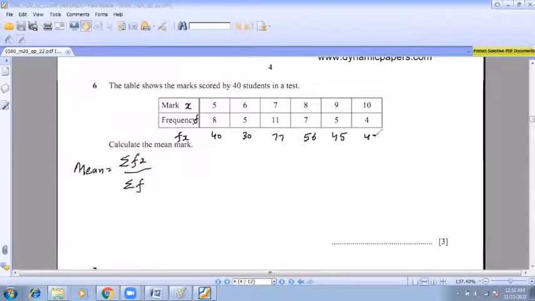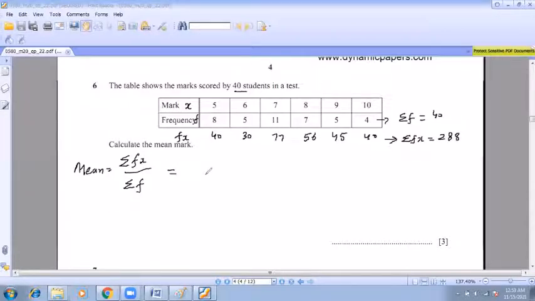If we add all of these frequencies, you will get summation f, which is equal to 40. And if you add all of these, you will get sigma fx: 40 plus 30 plus 77 plus 56 plus 45 plus 40 gives me 288.